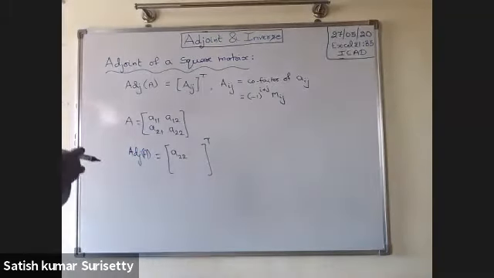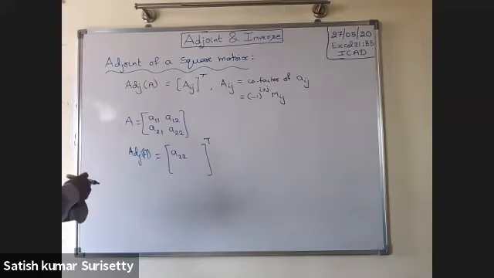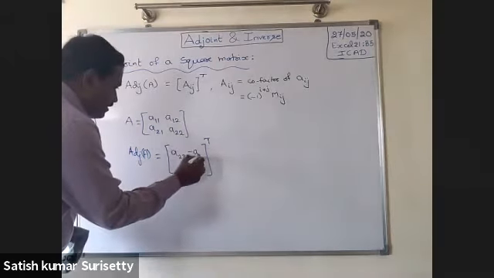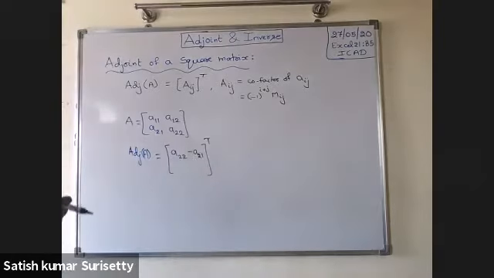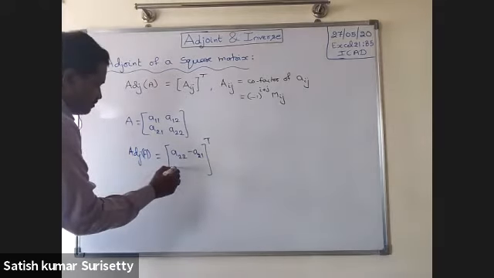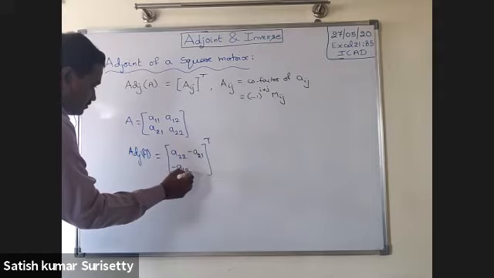Tell me the cofactor of A12. Minus A21. Correct. Cofactor of A21: minus A12.